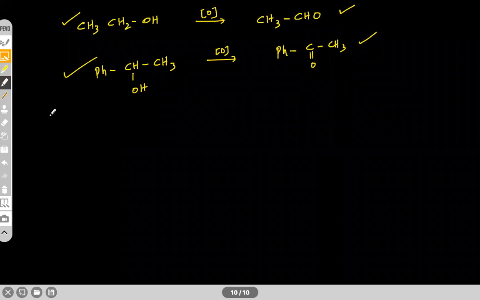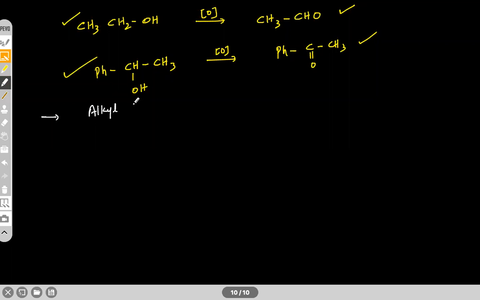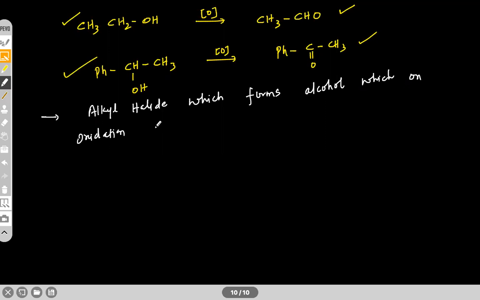Apart from this, some alkyl halides also show this test. So write down, alkyl halide which forms alcohol which on oxidation gives methyl keto also shows this test.